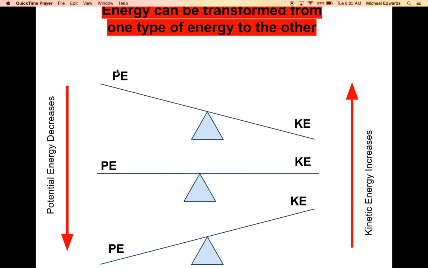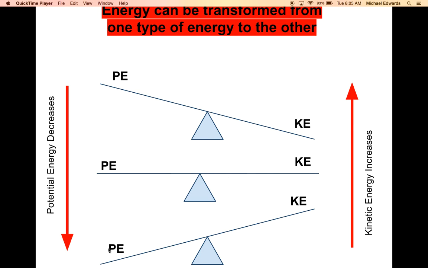So if you're starting with a lot of potential energy, I'm doing this in this case because it's up higher, then you're going to have very little to no kinetic energy. But as you release this potential energy, so let's say this is an object dropping, then it's going to push the seesaw down, and eventually there's going to be a halfway point where both of these energies are equal.